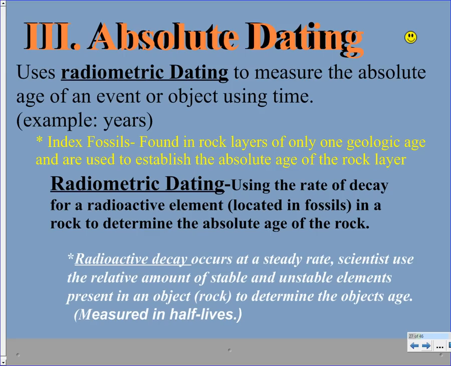What I mentioned just a moment ago in radiometric dating. Remember, radiometric dating, like I said, is used when we look at fossils. Fossils are evidence of not just dinosaurs, but living things.